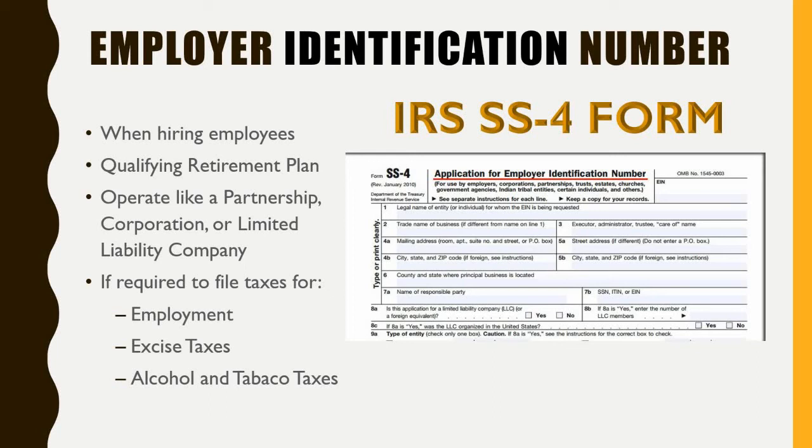This is how you can apply for basically a legal card that says that you are a legal business, and you're going to be applying for this exact identification number. So you get a unique business identification number. Okay, so it's just like a social security number, except you're going to apply for it.